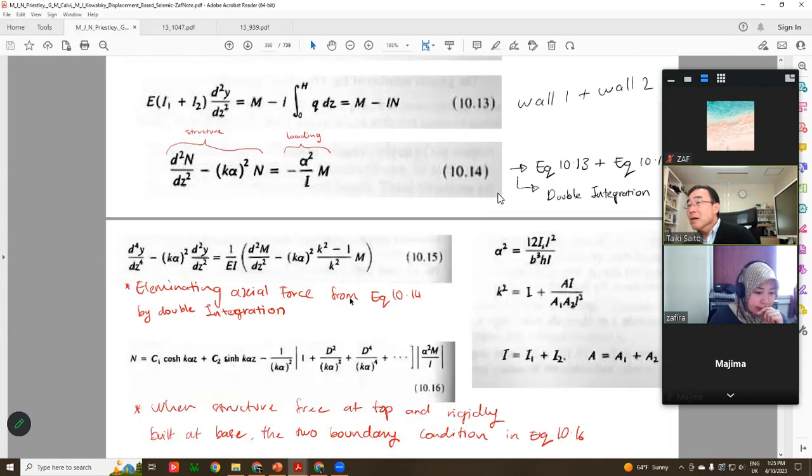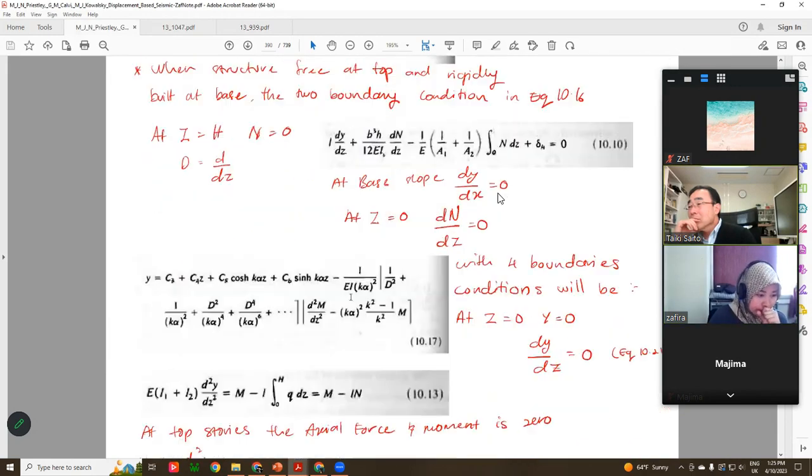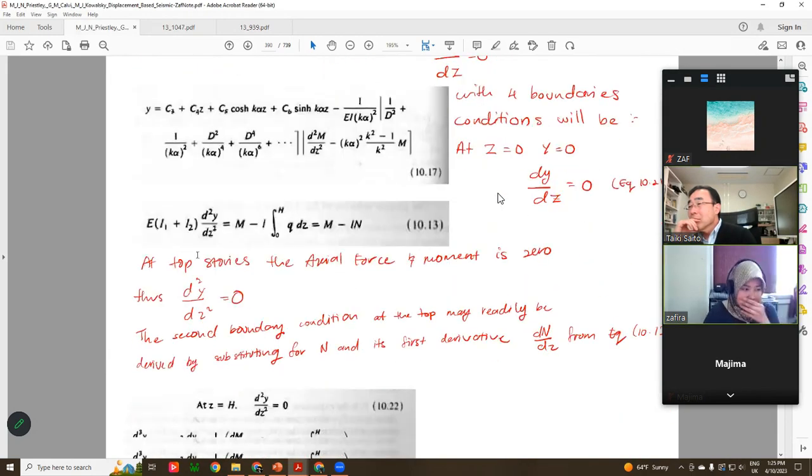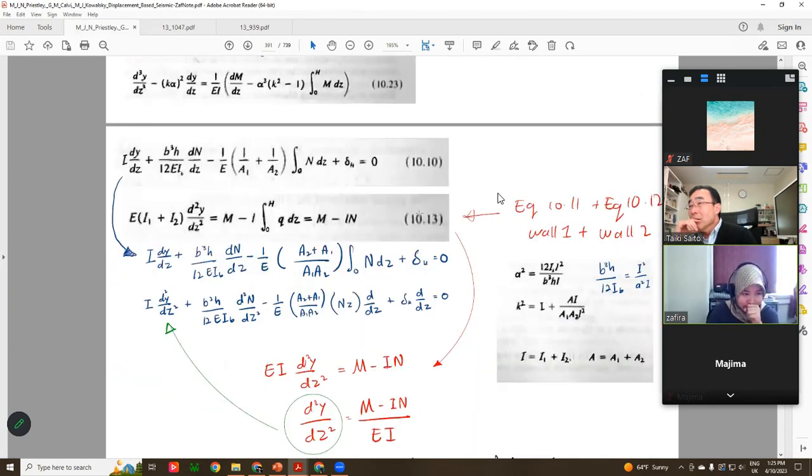Then there are a lot of equations, and finally they try to find this endpoint. I will show you, tall building.